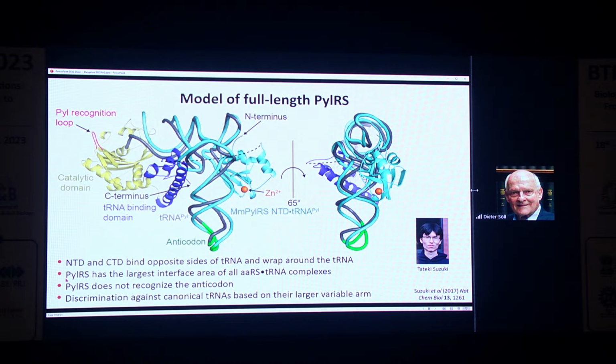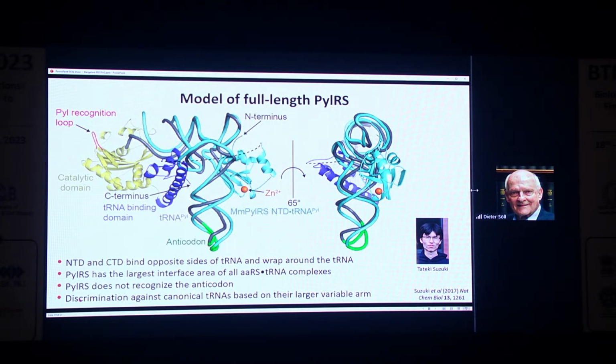So PylRS has the largest interface of all amino acid tRNA synthetase tRNA complexes. And as you can see here, PylRS does not recognize the anticodon. This, of course, is a blessing for all synthetic biologists, because PylRS then can be used to recode any codon that you like.